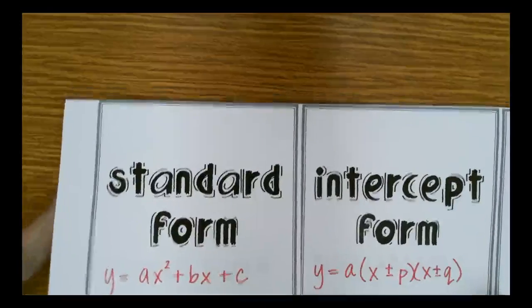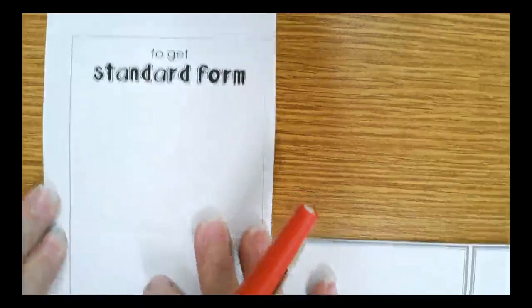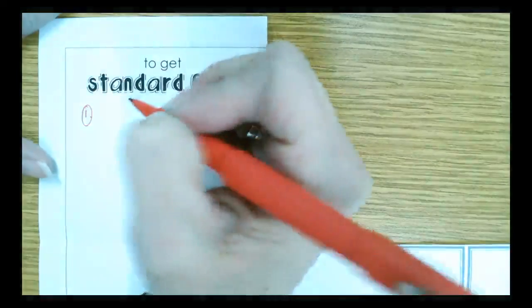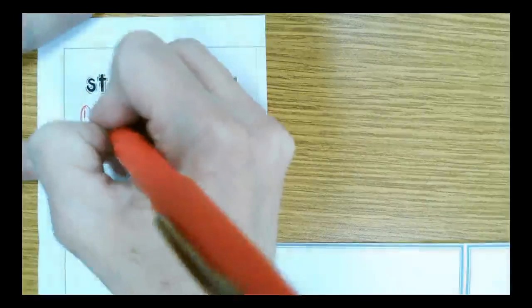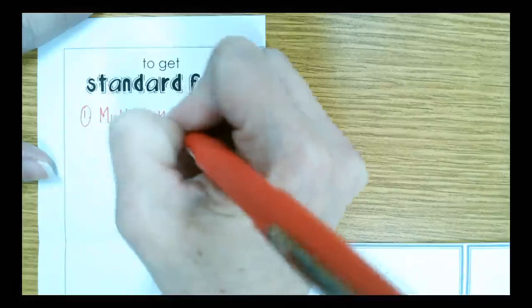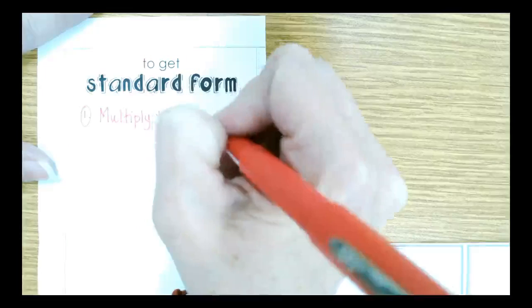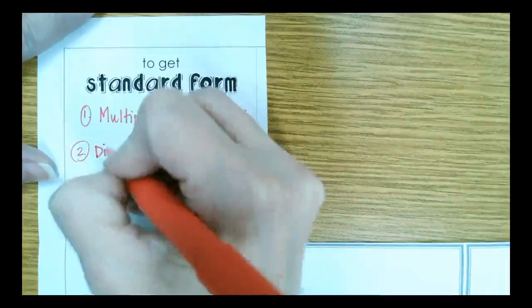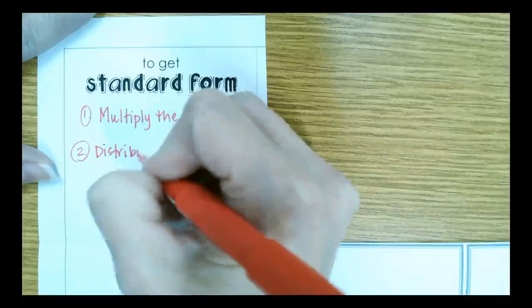All right, so starting with standard form. To get standard form, the first thing we're going to do is multiply the binomials together. Step 2, we're going to distribute the GCF, and if there isn't one, then you skip this step.